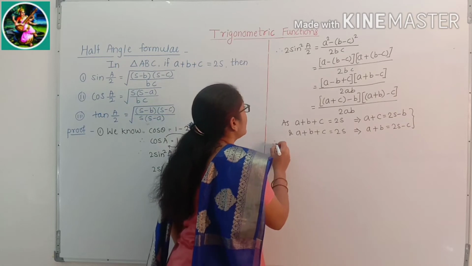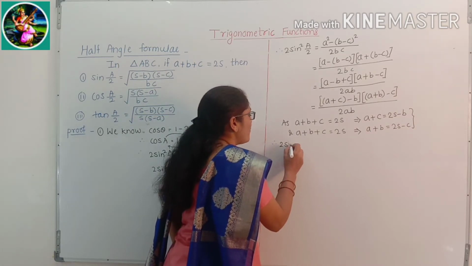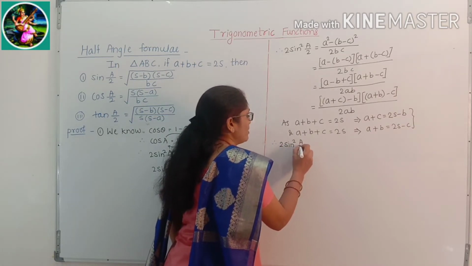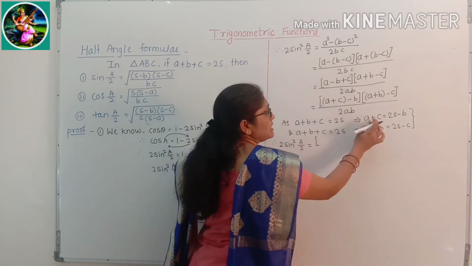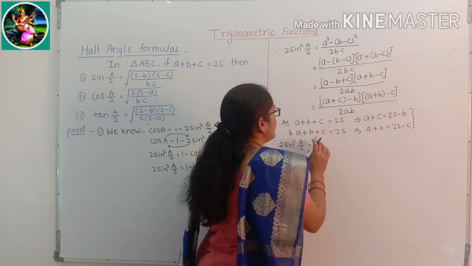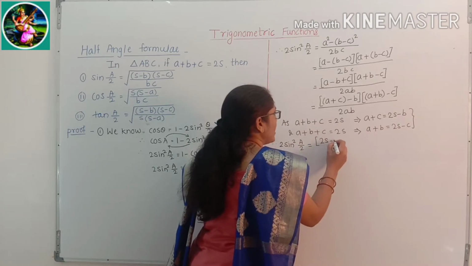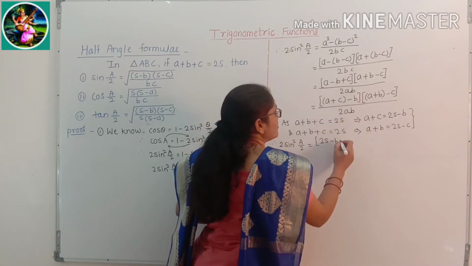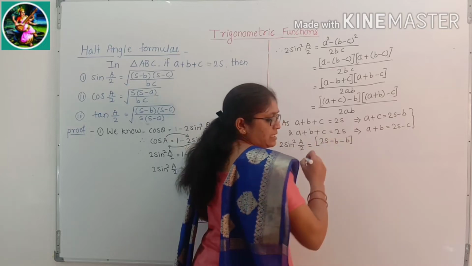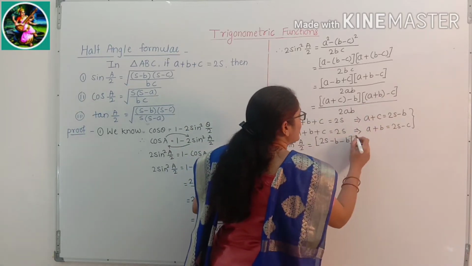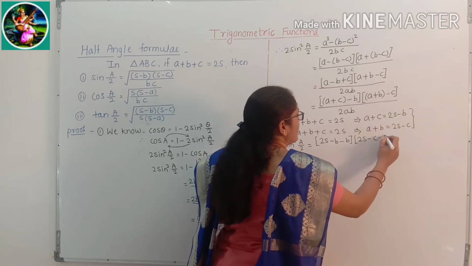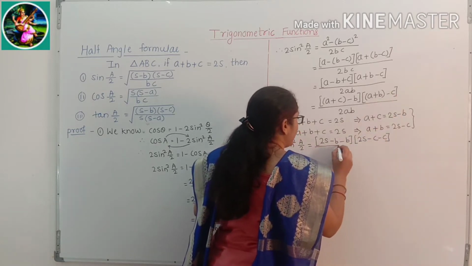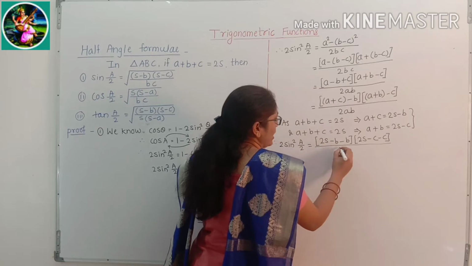Therefore we get 2 sine square A upon 2 is equal to, a plus c is 2s minus b, and that minus b as it is. Then a plus b is 2s minus c, and that minus c as it is. This divided by 2bc.